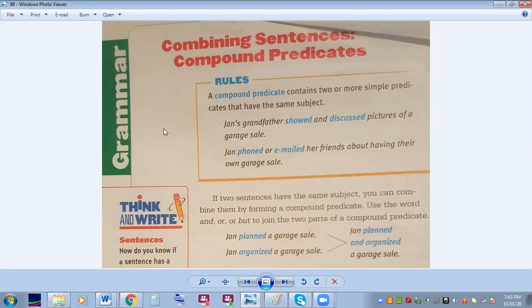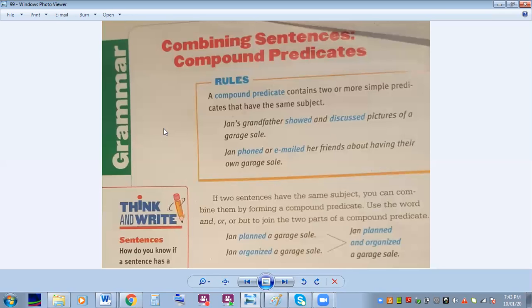Like if I say, Miss Sonia called the students. What did Miss Sonia do? She called. Okay, that's a simple predicate. When a sentence has more than one simple predicate, like if I say Miss Sonia called and asked the students. What did Miss Sonia do? She called and she asked.